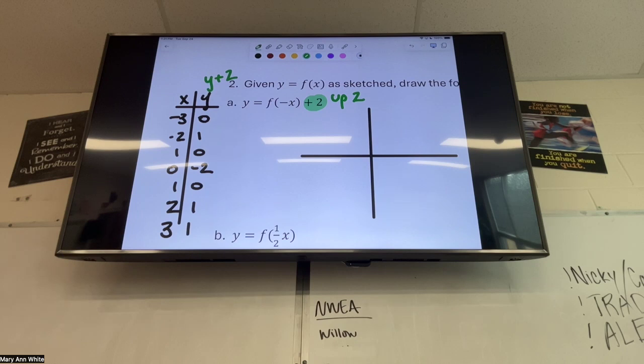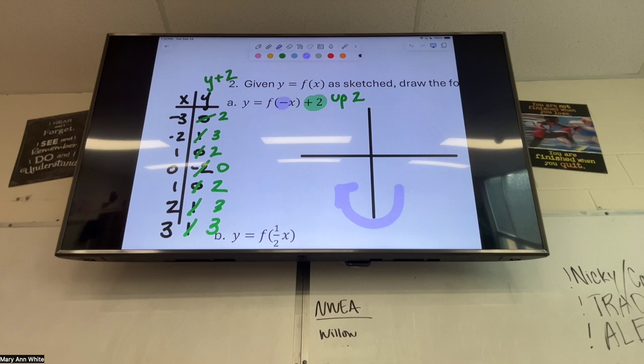So if you like this method like I like it, I'm going to go through and add 2 to all of my Y's. Now, anything inside the parentheses that's close to the X affects my X. So that -1 is going to do a flip, but it's not going to flip like we're used to it flipping, across the X axis. It's actually going to flip across the Y axis. It's going to flip like that.